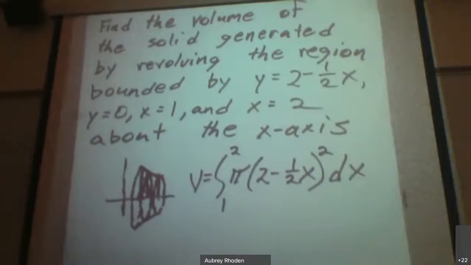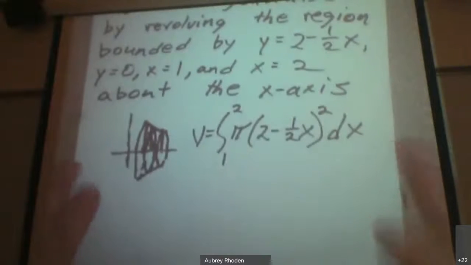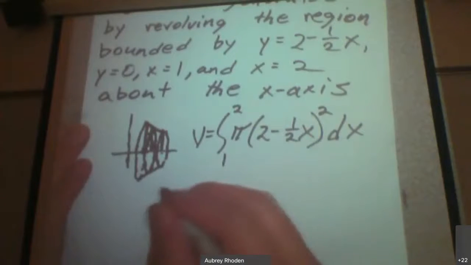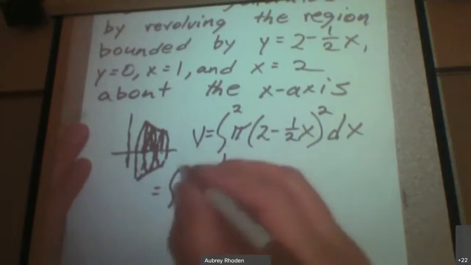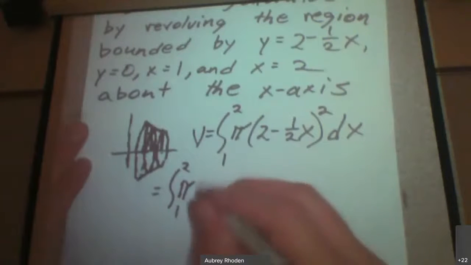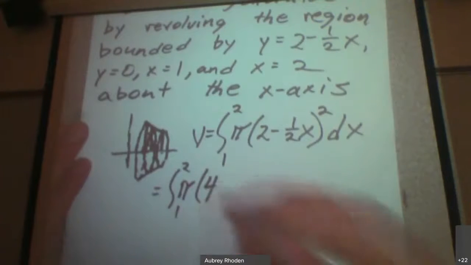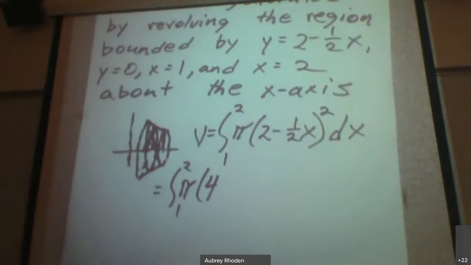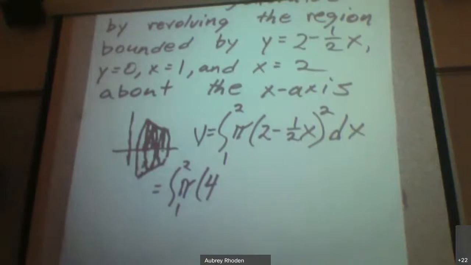Okay. We need to do a little simplification before we evaluate this integral. And so this is going to be the integral from 1 to 2. Write it like this. Say pi. And so we got to square this thing. So 2 squared is 4. And now 2 times negative 1/2 x would just be negative x, but that appears twice.